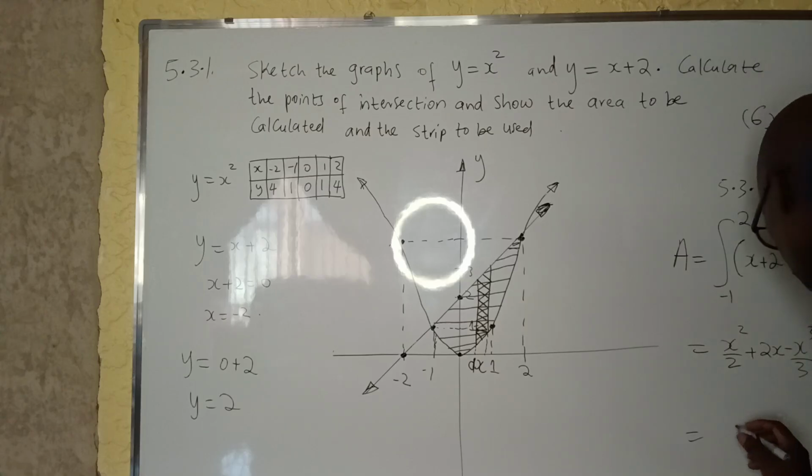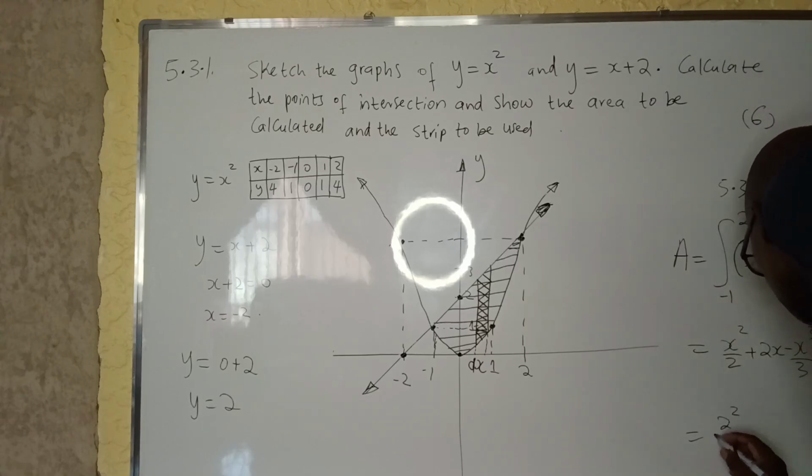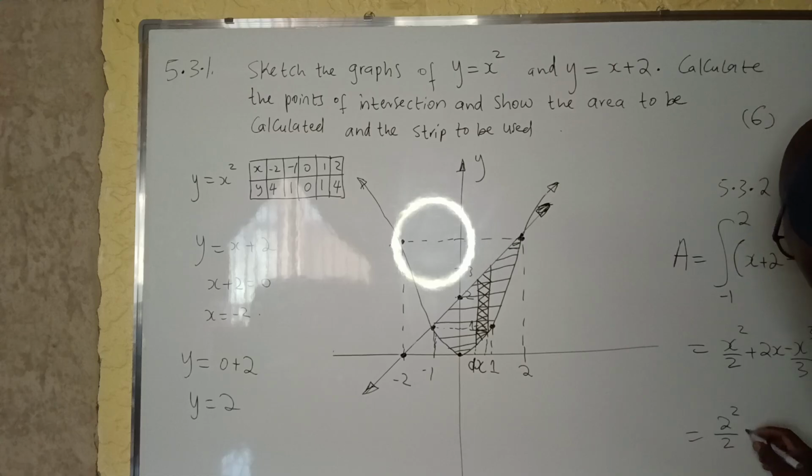Substitute by 2, substitute by 2, substitute by 2, and then minus. From there, you're going to substitute by -1. Substitute -1 there.